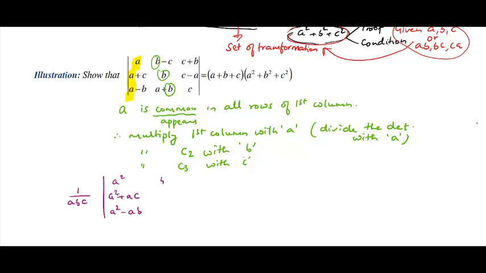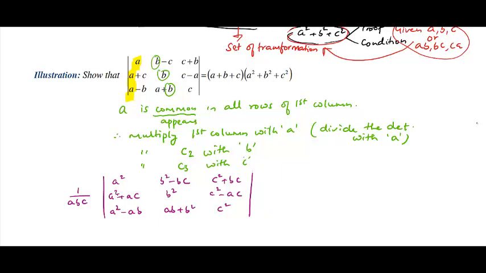Here you have B square minus BC, B square, AB plus B square, and here you get C square plus BC, C square minus AC, and C square, right? So we multiply and divide the columns with A, B and C, and now comes the interesting part.